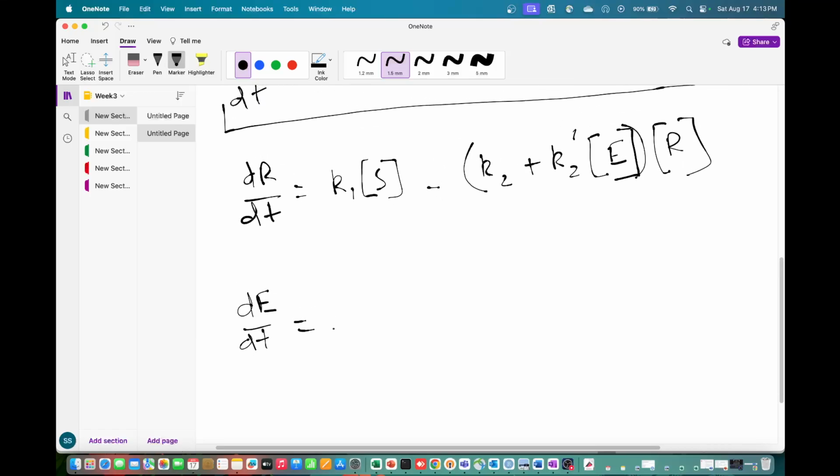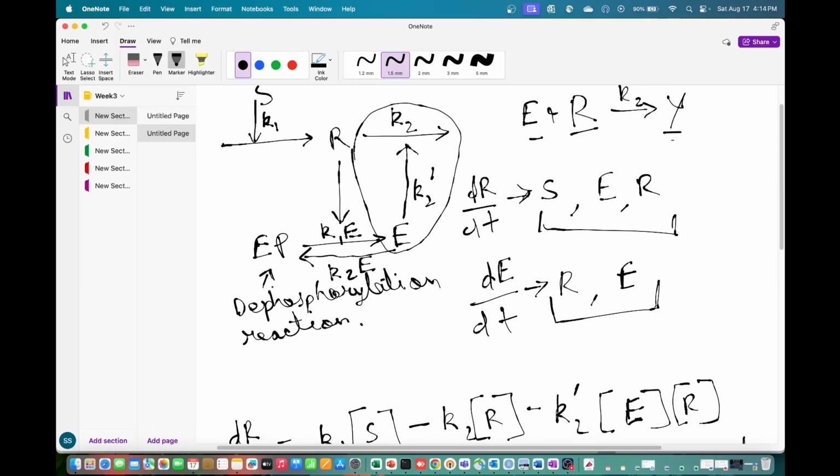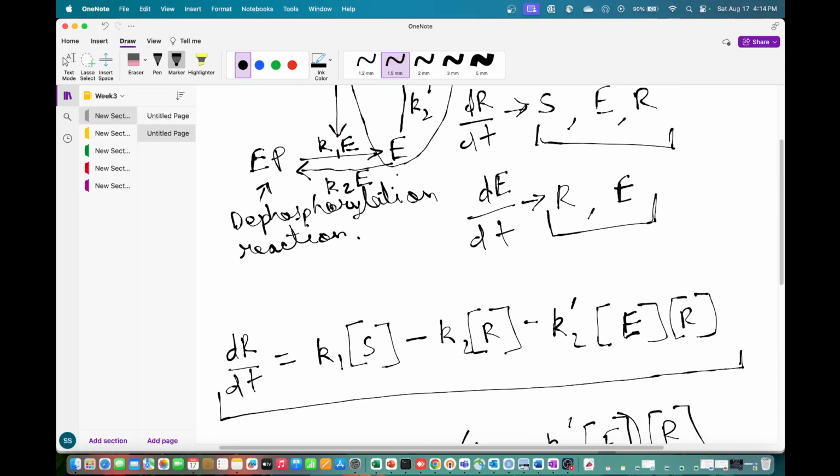So this will be minus of K2E, because this is the reaction that is going opposite. So dE dt is negative here because E is getting consumed.